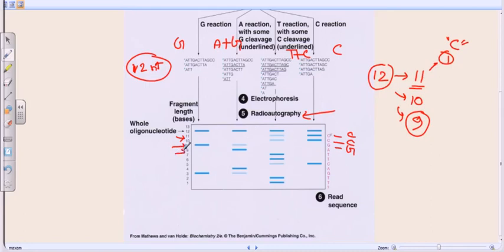Now the 8th, so from 12 now we get an 8 nucleotide long sequence, and we get only one band at A plus G, right? That means if we add the chemical which will eliminate A and G out of the place, we get 8 nucleotide long, right? Now if we look at the G only, in the G there is no band.